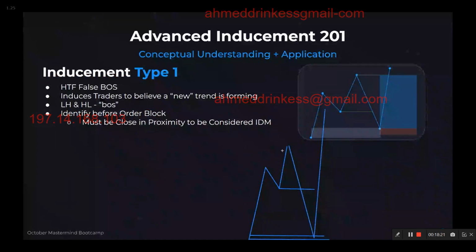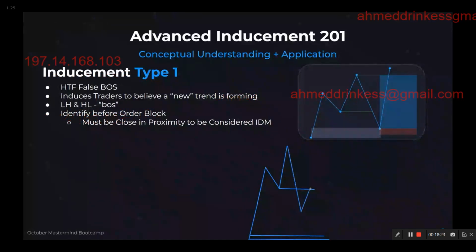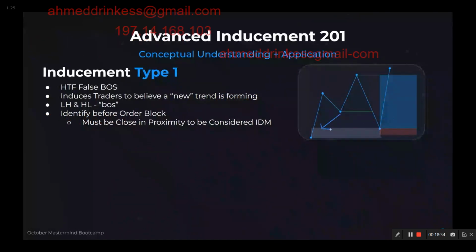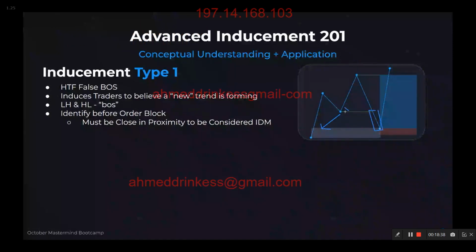Most likely not. It could end up taking it out, but then it'll start building possibly type 2 inducements, where then price will reverse. So just be mindful that if your inducement is 30, 40 pips away, most likely it's not going to validate the order block. You're going to need to focus on something that happens after the main inducement, to look for some form of internal inducement.